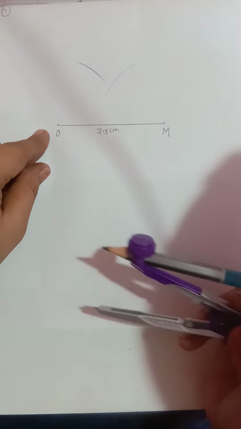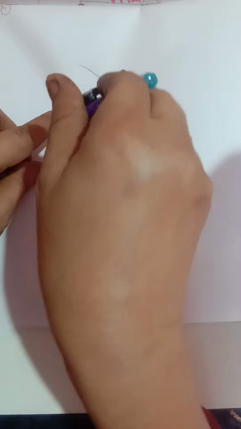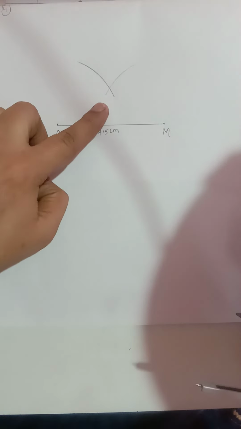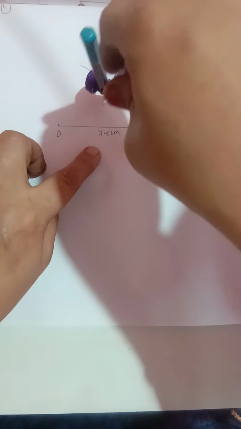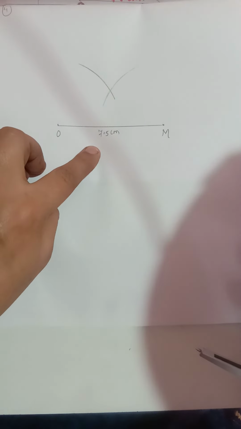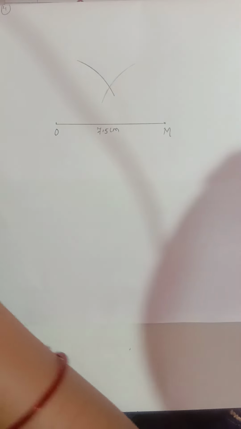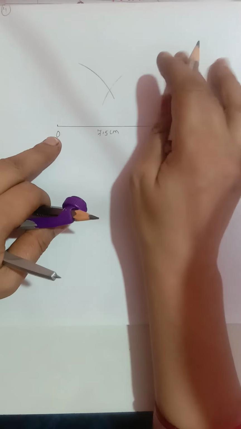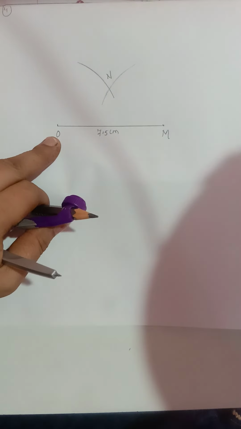Now see these arcs are not intersecting. Go back to O and extend this arc. Now both the arcs are intersecting. Now this point where both the arcs are intersecting is nothing but the third vertex of the quadrilateral, that is N.